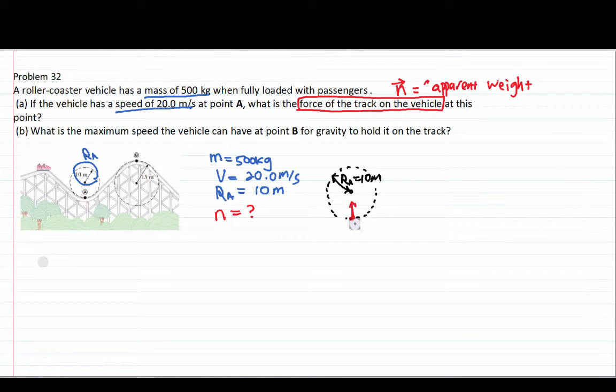It's going to be upwards, in other words, perpendicular to the surface of our track. And there will be the force of weight acting downward. And also, there will be centripetal acceleration toward the center.